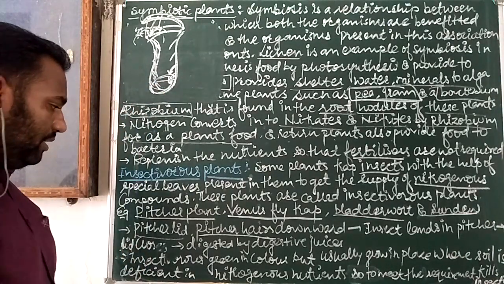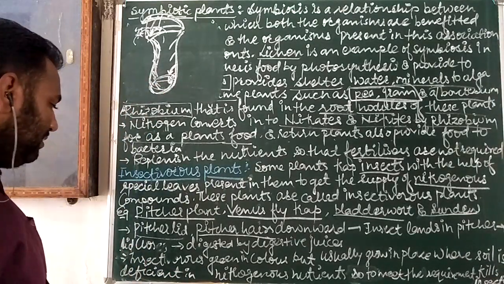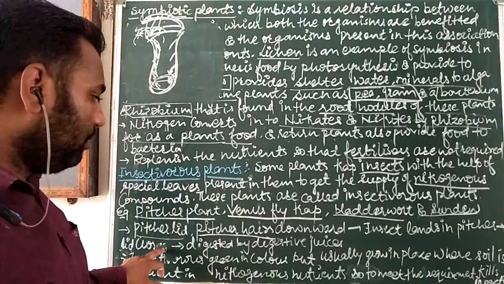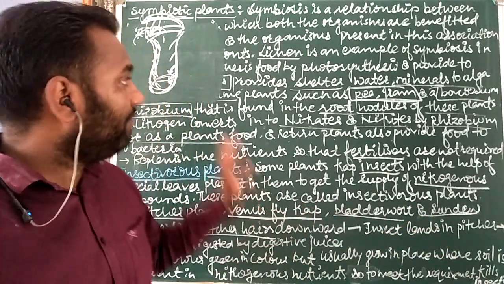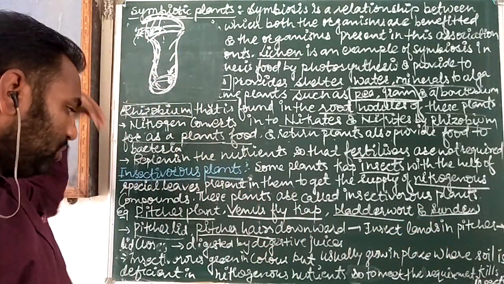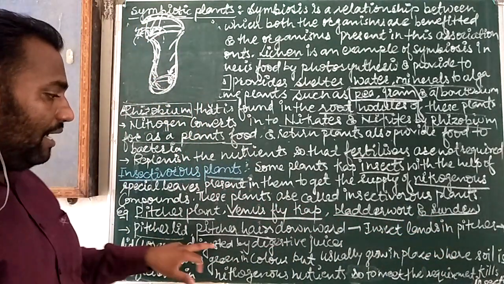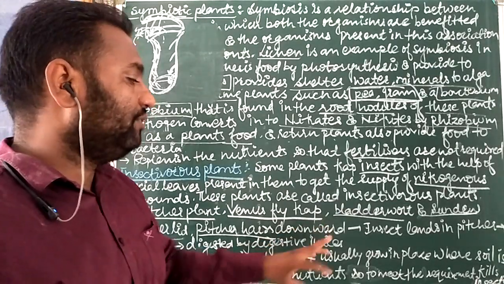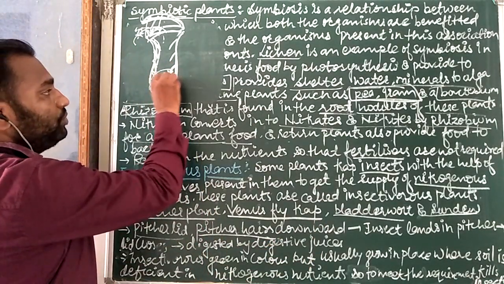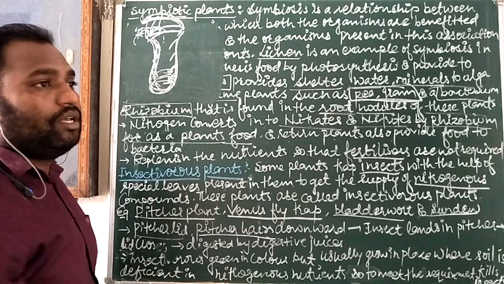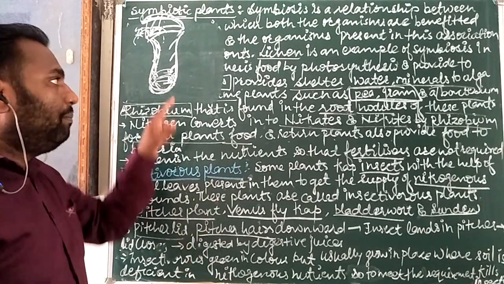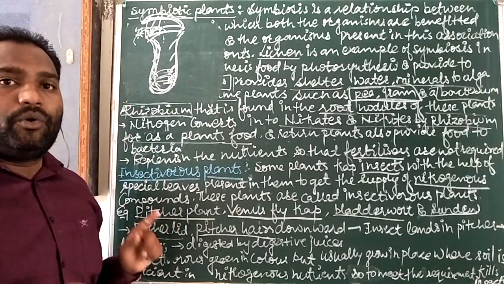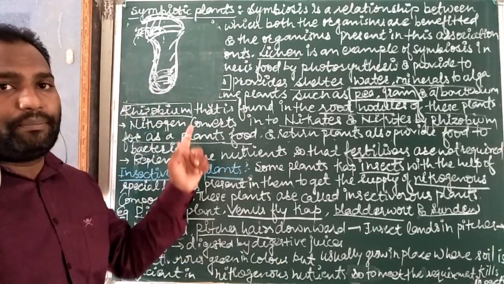So I am explaining here that the lid closes. It means the pitcher hairs are downward, the insect lands in the pitcher, goes to the downside, the lid closes, and it is digested by the digestive juice. Through this the plant can fulfill the requirement of nitrogenous compounds.